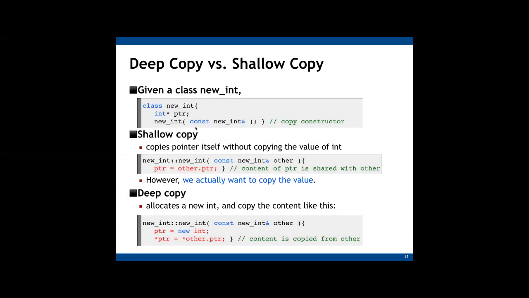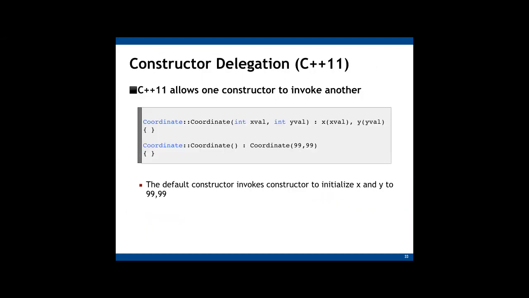Okay, so we talk about this one using a demo code. In C++11, a new feature, Constructor Delegation, is introduced. Using this feature, one constructor can invoke another constructor.